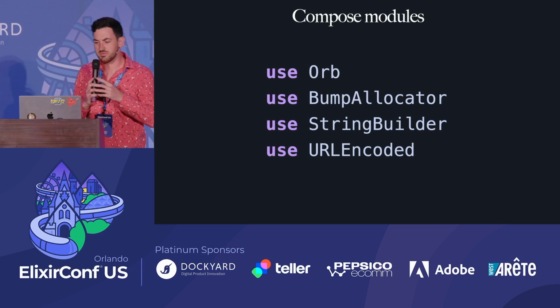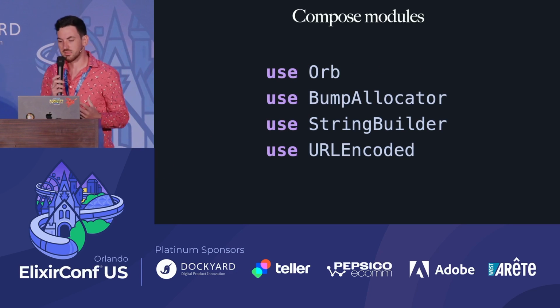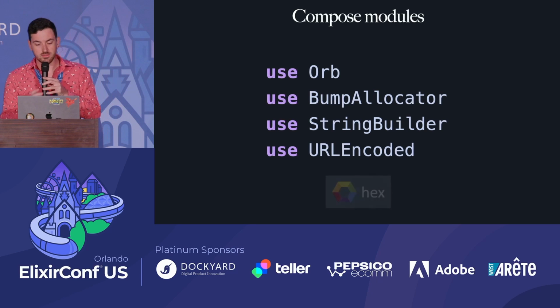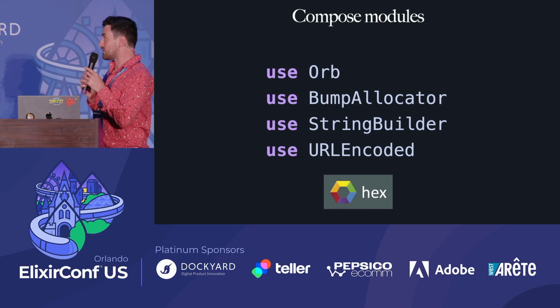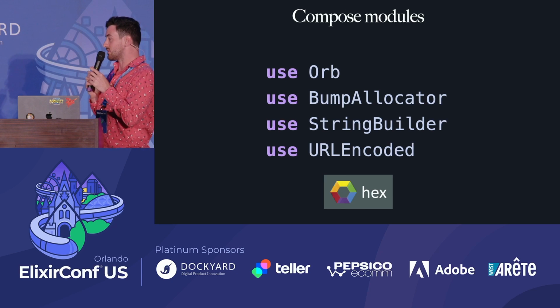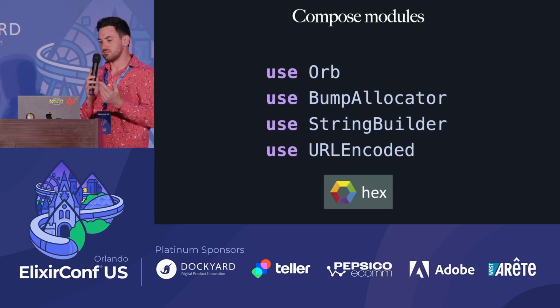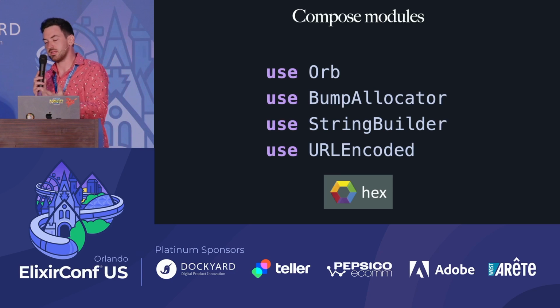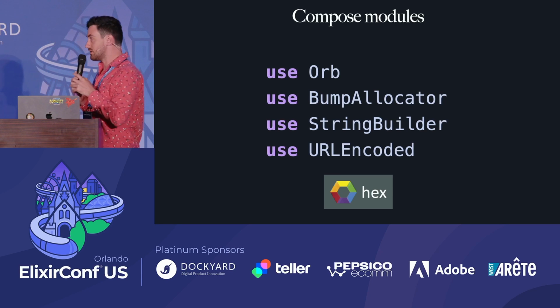So we can have a bunch of these different modules and compose them all together, reuse them, and even better, we can publish them to Hex. This is just Elixir code. So if I want URL encoding or HTML rendering, whatever it is, I can just publish that to Hex, which is an amazing package manager.